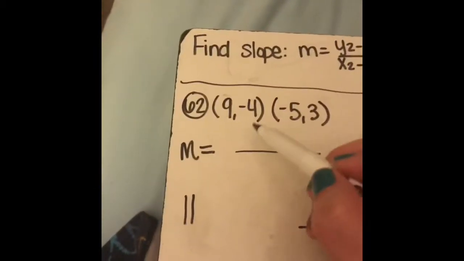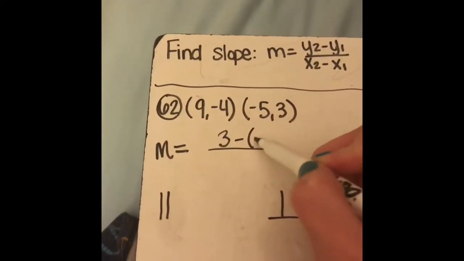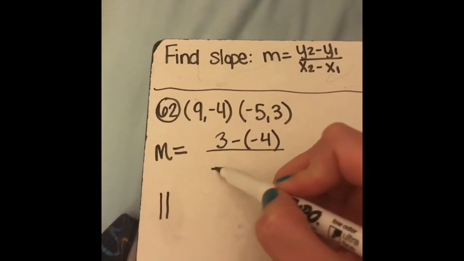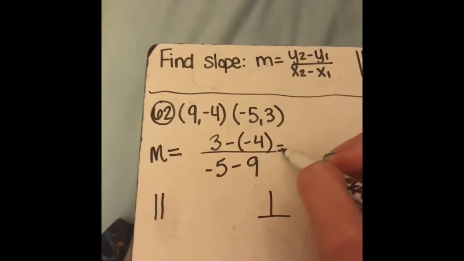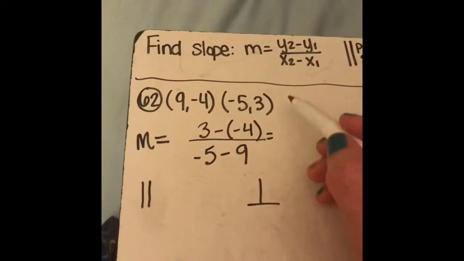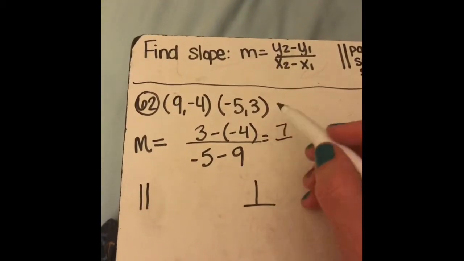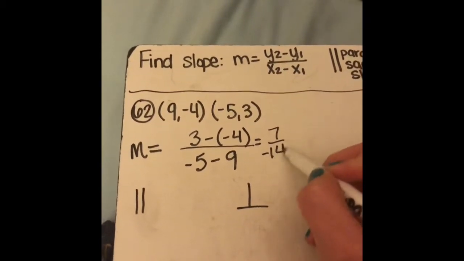So here we have 3 minus negative 4, and then negative 5 minus 9. Okay, so 3 minus negative 4 is 7, and then negative 5 minus 9 is negative 14.